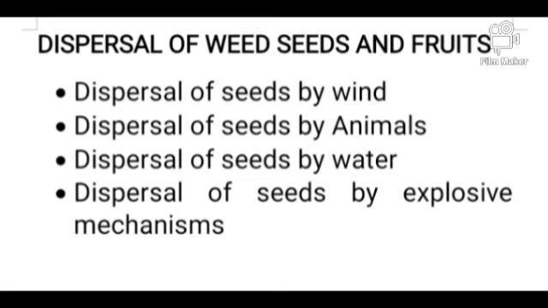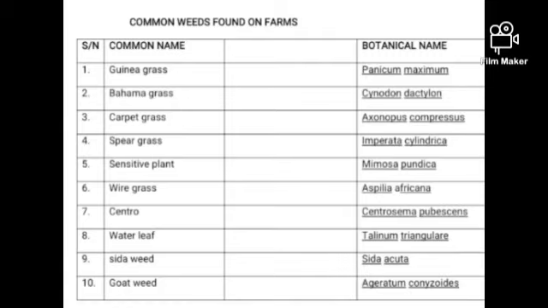The last one, weeds can also be dispersed by explosive mechanism, and this is common to leguminous weeds. Examples of leguminous weeds include Pueraria, Calopogonium, Centrosema, and Mucuna utilis.